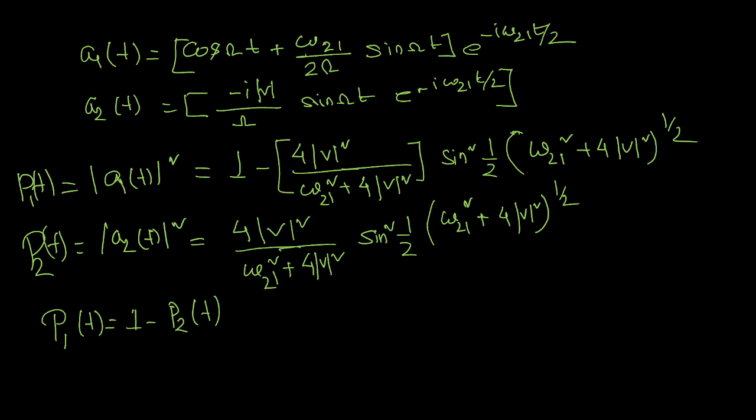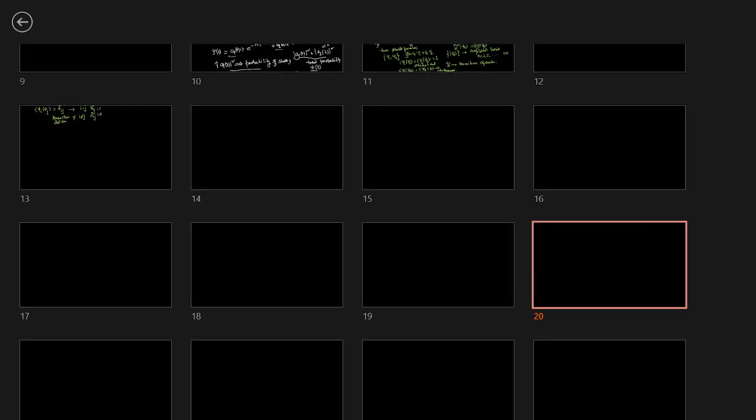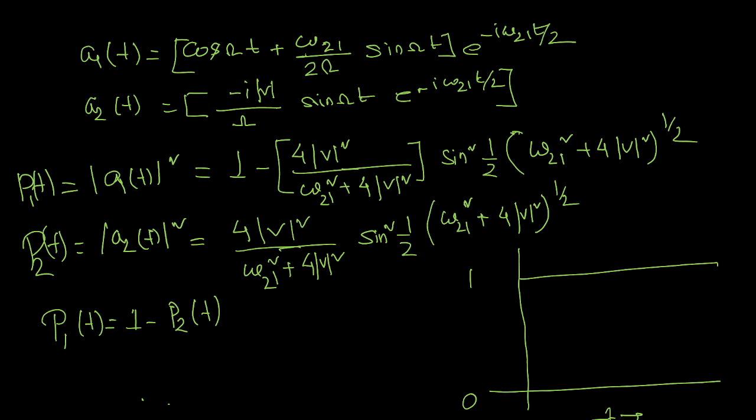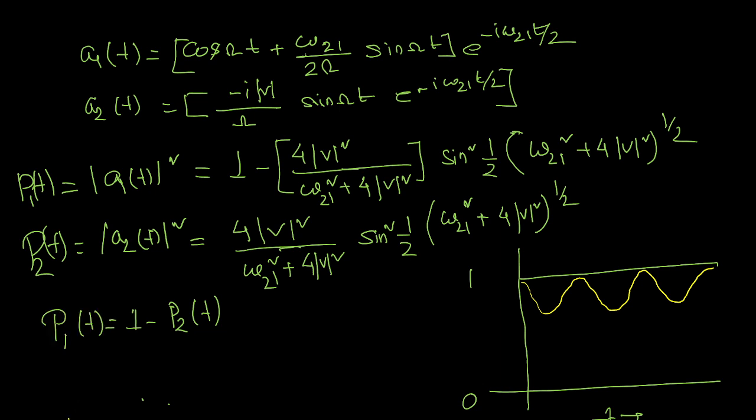If we plot it as a function of time, with population between 0 and 1, if the population of state 1 is decreasing like this, the population of state 2 will increase.